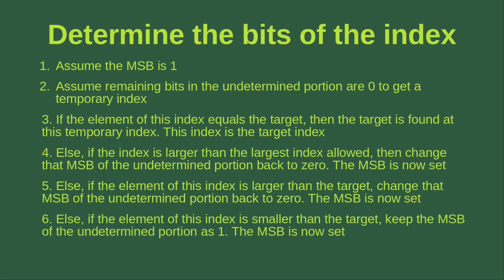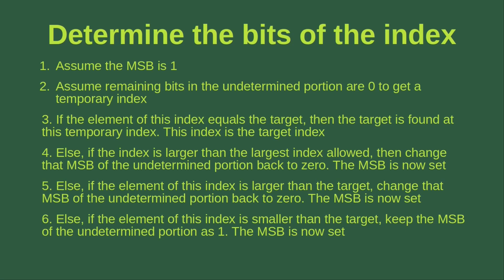Else, if the index is larger than the largest index allowed, then we would change that MSB, or the most significant bit of the undetermined portion, back to 0. In this case, the MSB is now set. Else, if the element of this index is larger than the target, then we change that most significant bit of the undetermined portion back to 0.